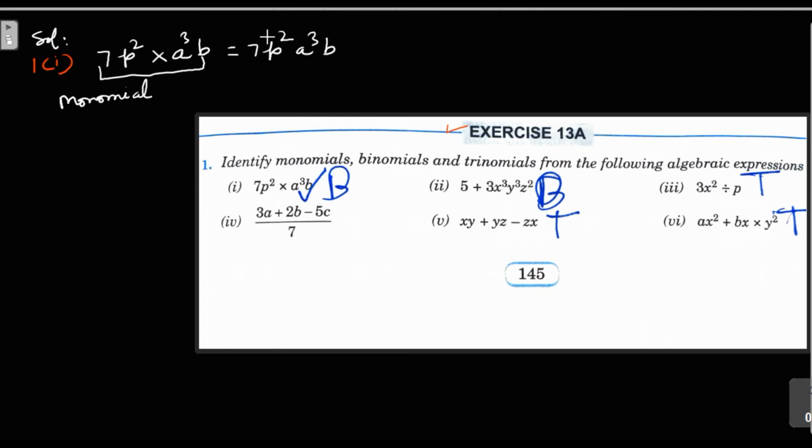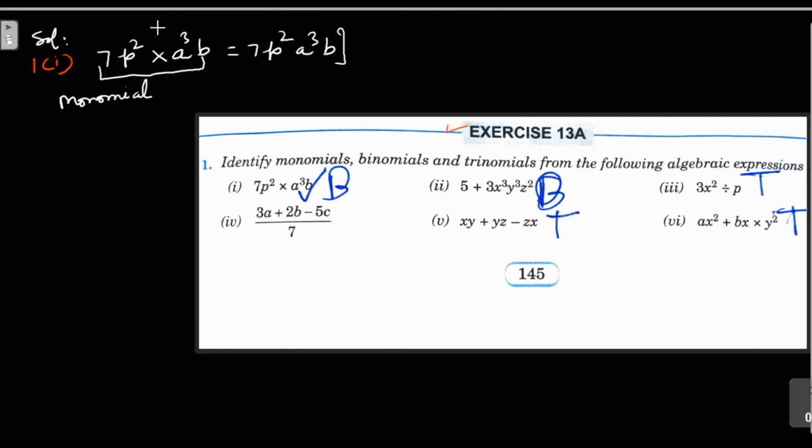Please don't get confused by seeing the multiply sign, because after multiplication it would be combined to become a monomial, not a binomial.